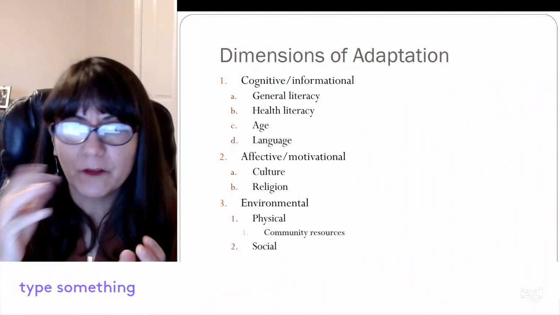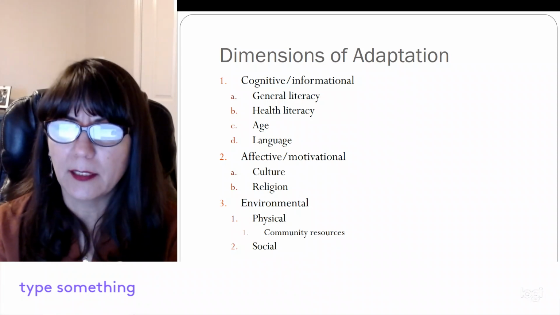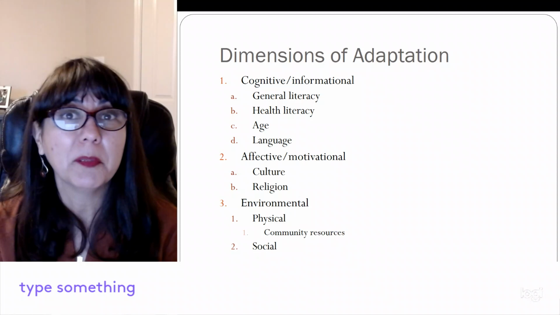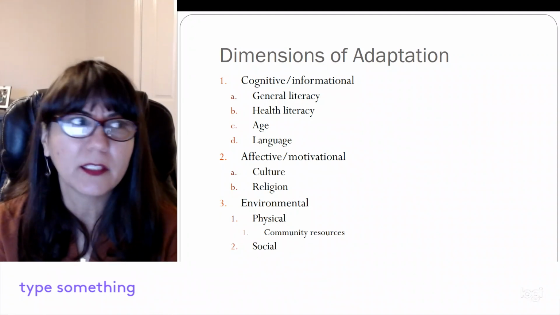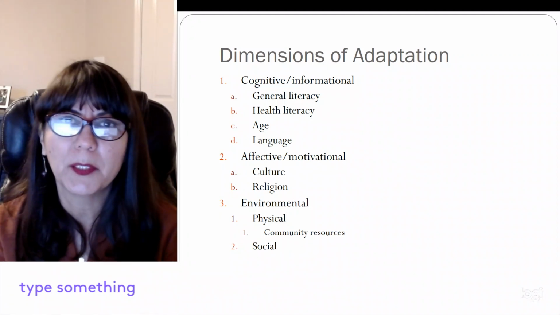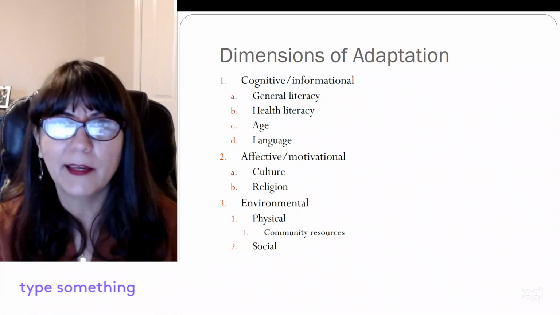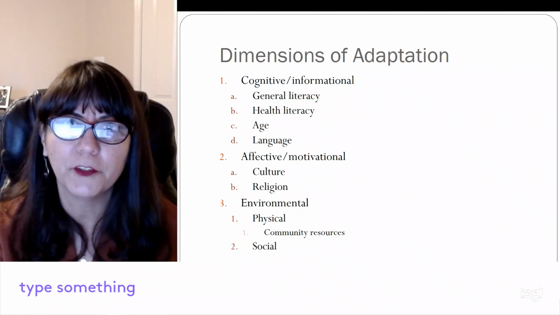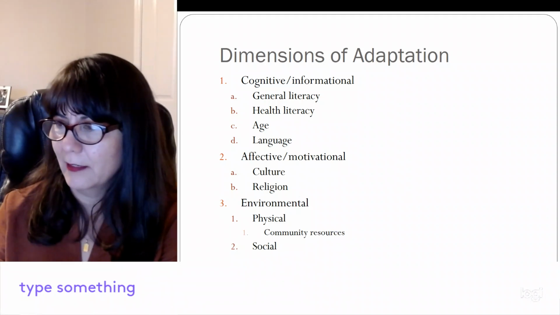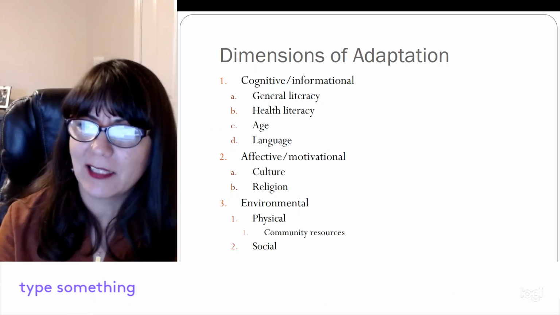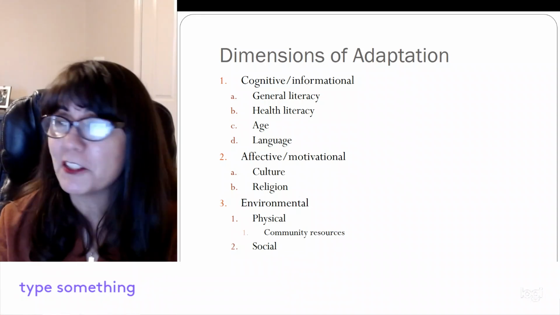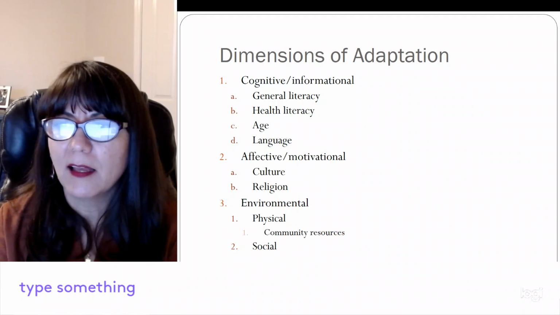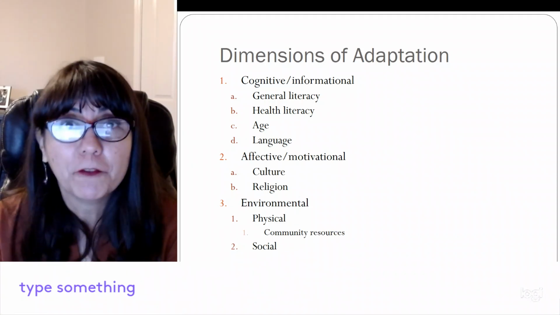And then finally, the environment is really important, right? If a program was developed and tested somewhere originally where there's tons of resources for people to engage in physical activity, or there's an abundance of healthy food, and now you're bringing the program to somewhere that's lacking infrastructure. There's no sidewalks. There's not a lot of parks. They're in a food desert.